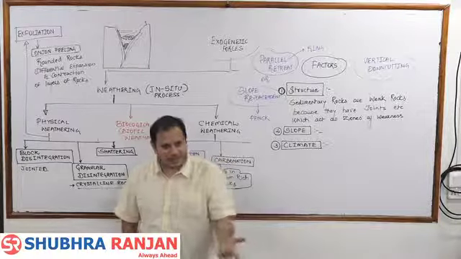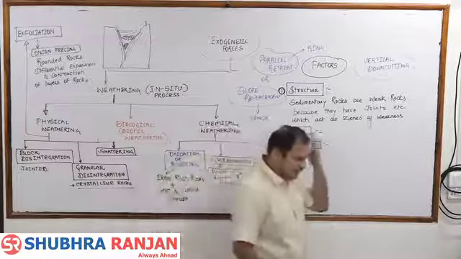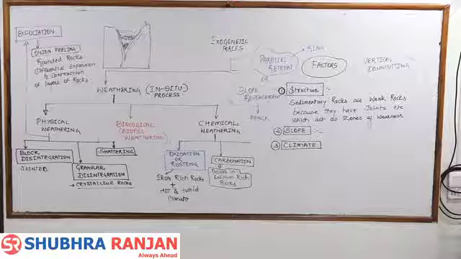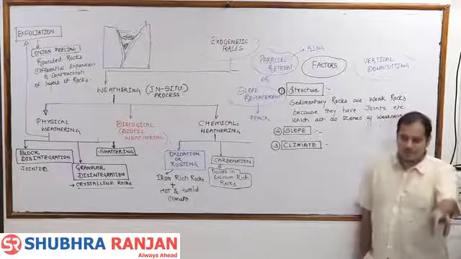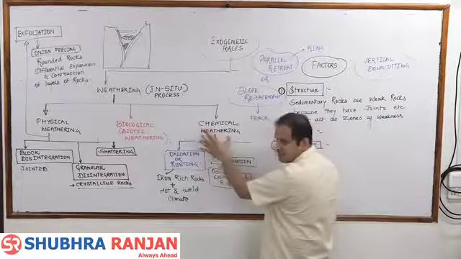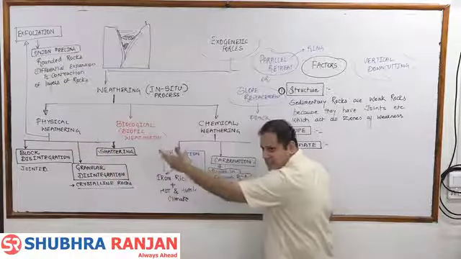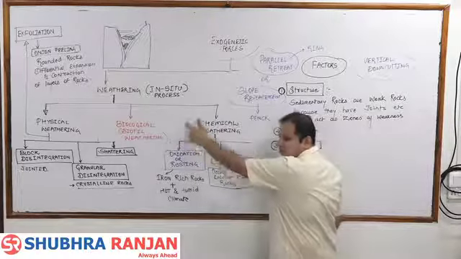In the desert region, what will be the agent of erosion? Wind. In the glaciated regions, what will be the agent of erosion? Glaciers. In the hot and humid regions, what will be the agent of erosion? Generally, rivers. What will be the agent of erosion in the hot regions? Chemical weathering. What will be the kind of weathering that is occurring in the deserts? Physical weathering. What will be the kind of weathering that will occur in the monsoon regions?